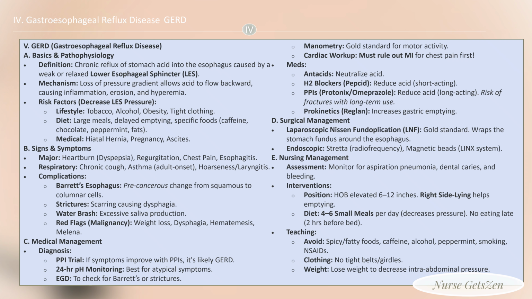Let's see the diagnostics. The initial diagnostic is based on classic symptoms and the positive response to a trial of proton pump inhibitors, the PPIs. 24-hour ambulatory esophageal pH monitoring is the most useful test for typical symptoms.